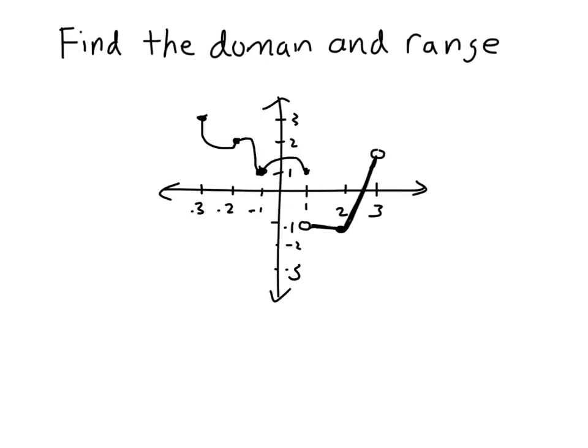Okay, let's do another range and domain example. So first we'll start with domain, and then we'll do range. So let's look at this. Thinking about domain, what values of x go into this function? Okay, this is kind of a crazy looking function here, but by looking at the graph, we can still determine the domain.